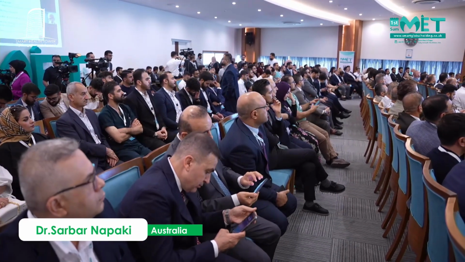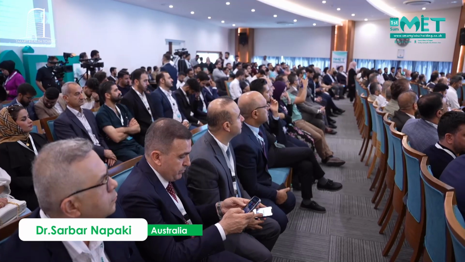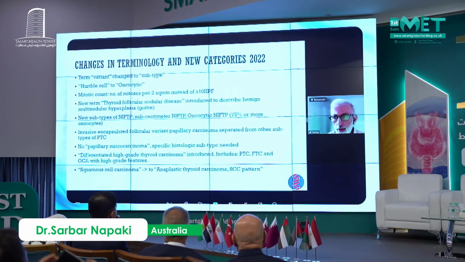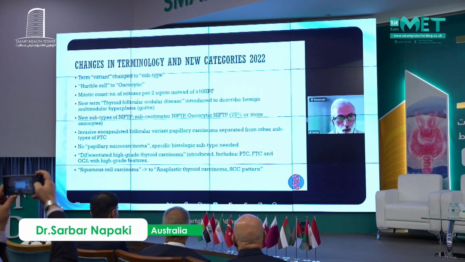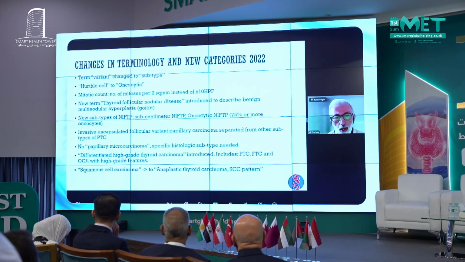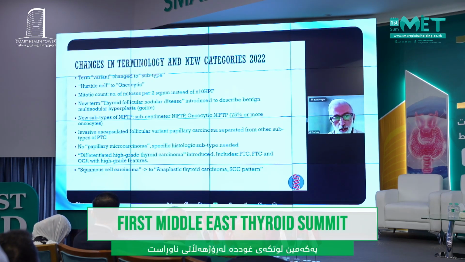A new term, thyroid follicular nodular disease, is now introduced to describe benign multinodular hyperplasia or thyroid goiter. New subtypes of NIFTP, which is non-invasive follicular thyroid neoplasm with papillary-like nuclear features, have been introduced.